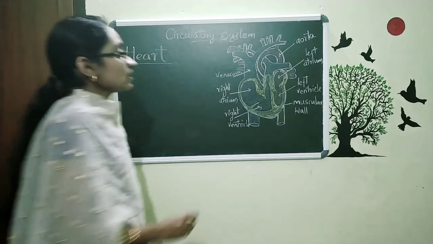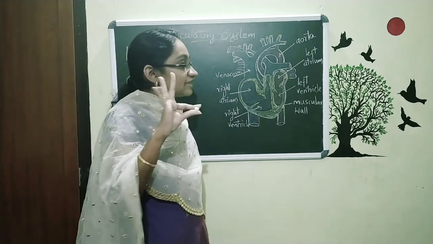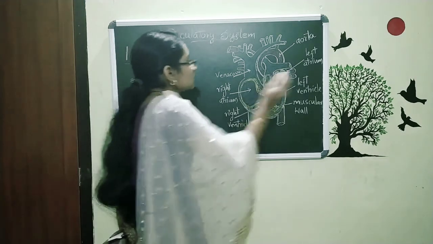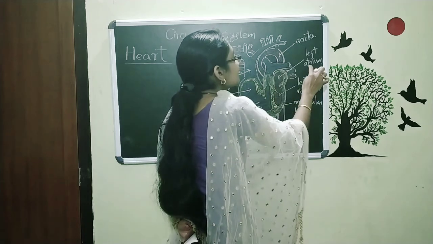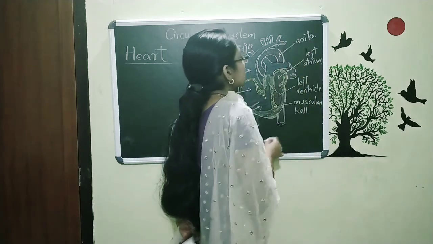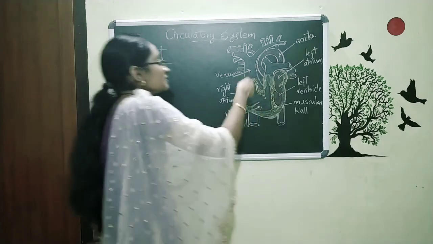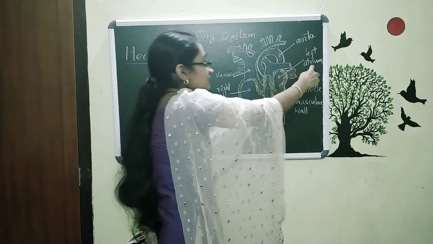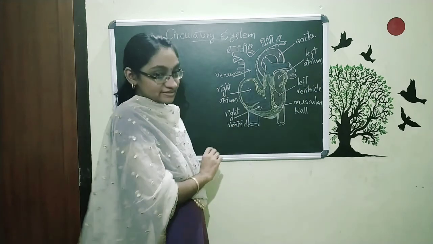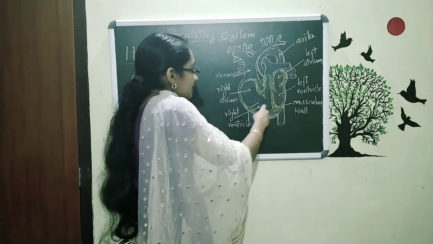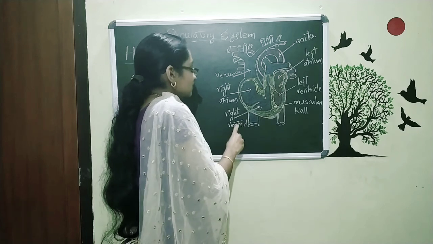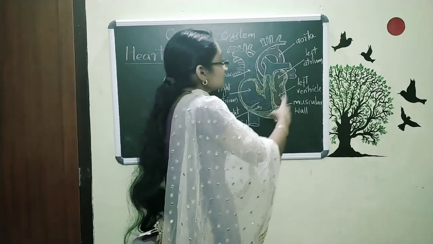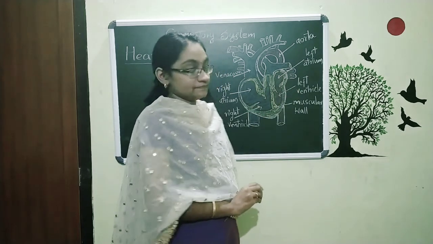Now, as already said, in our heart we have 4 chambers. The first chamber is left atrium, and here it is right atrium. Here left atrium and here right atrium. And when we talk about the bottom side, we have right ventricle and here left ventricle.